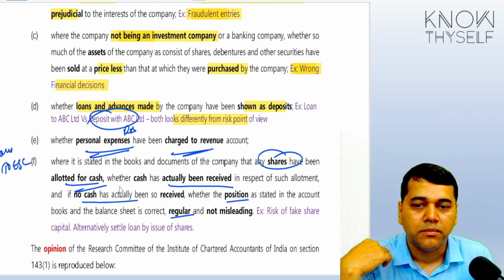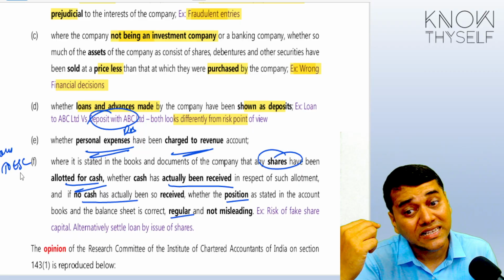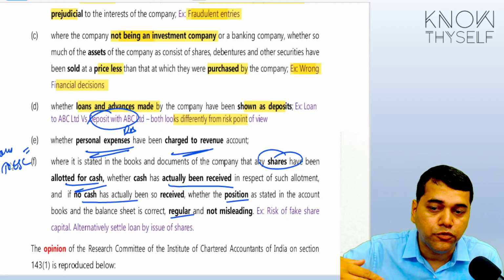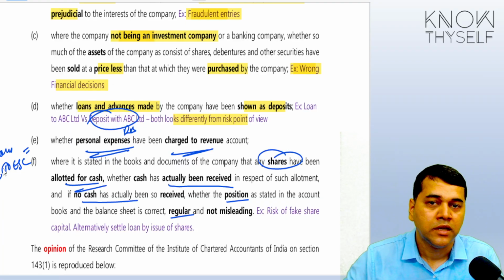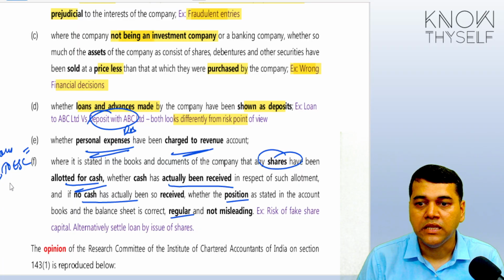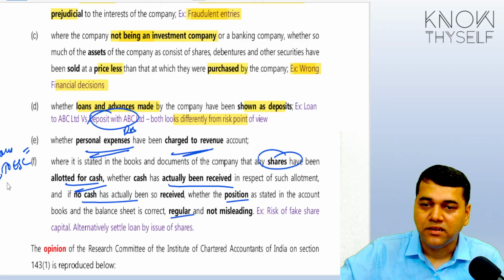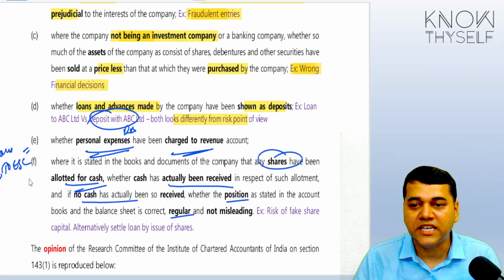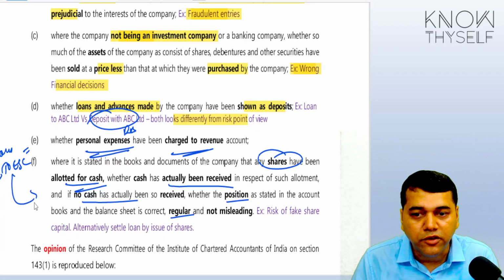No, cash is not actually received, but it is equal to cash received, because if you had not issued the shares to your lenders, you would have paid them cash. So if you have not paid the cash but have settled it with the lender, that is equivalent to receipt of the cash.